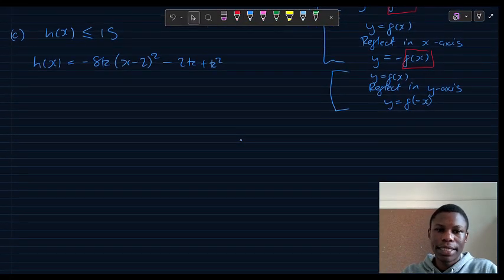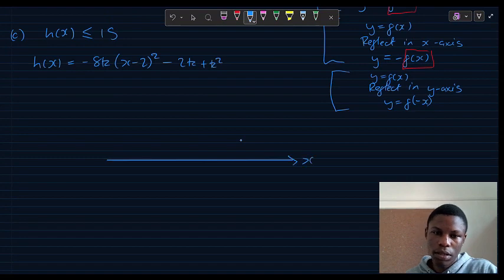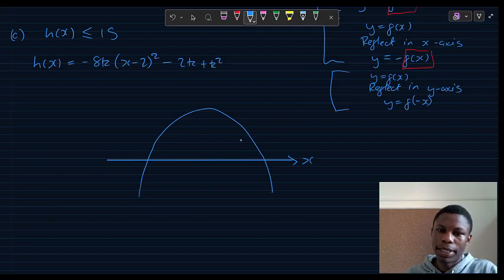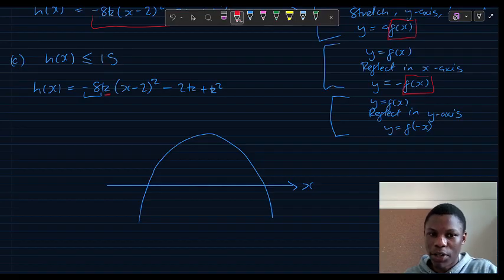All right. So if we sketch this out, I know that my h of x is going to look something like this because I've got a negative 8. So my x squared is going to be negative. Remember that k was said to be a positive constant in the stem of the question. So I know that I'm going to be multiplying my x squared by a negative number.